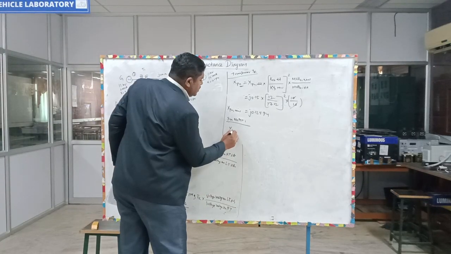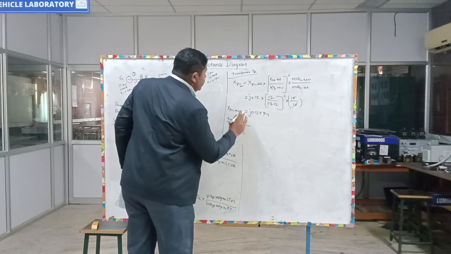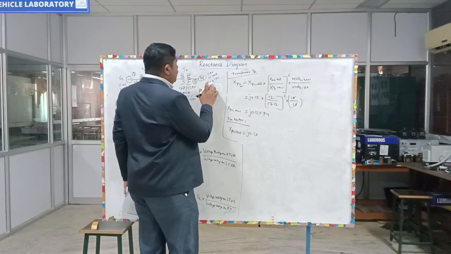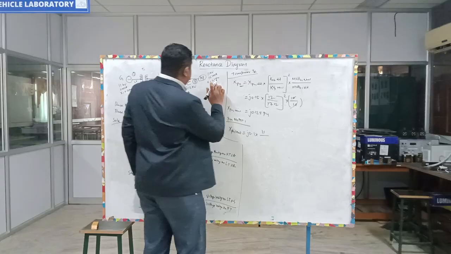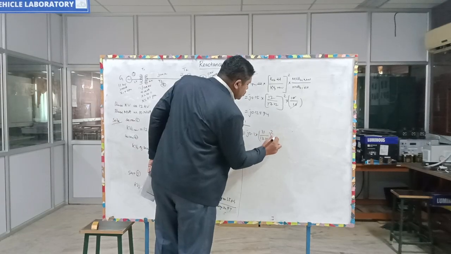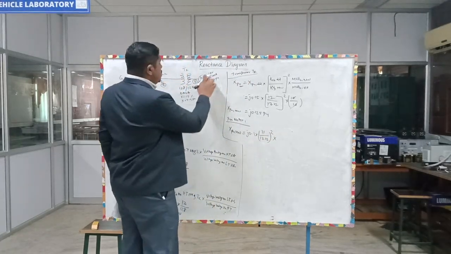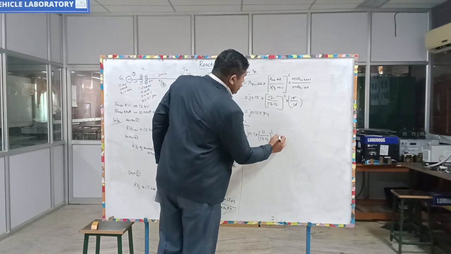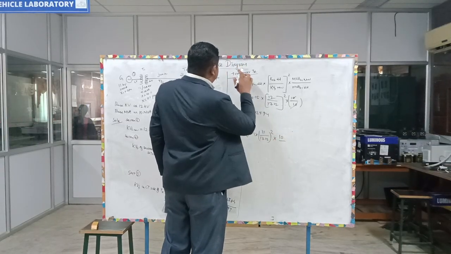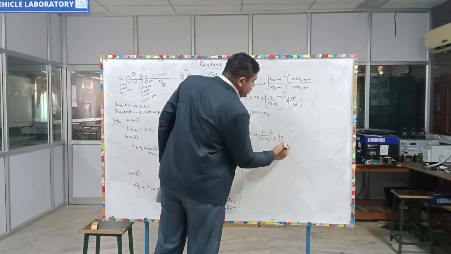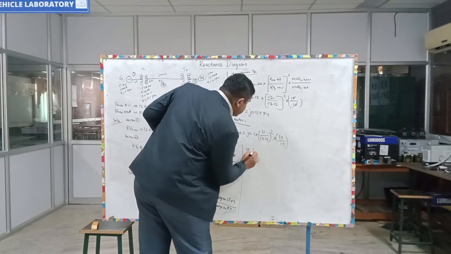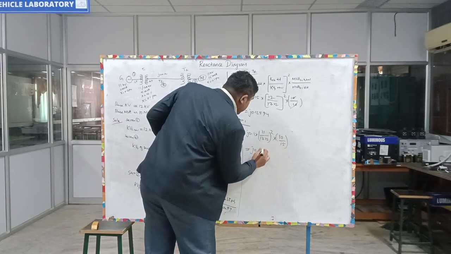Same way, X per unit new is equal to X per unit old for the motor, that is 0.1, into kV base old, which here is 11, over kV base new for section 3, which is 13.12, squared, into MVA base new, that is 10 MVA, over MVA base old, given in the problem as 15. So for the motor, if you substitute, you will get j0.6146 per unit.